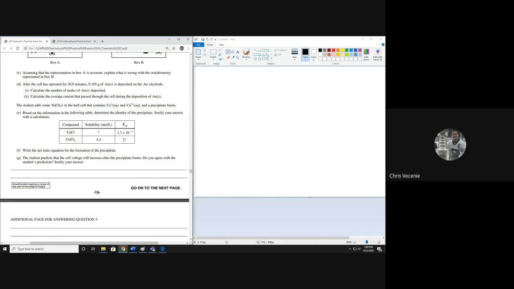Now, if we had both substances' KSPs, you could compare them, but there's only a special circumstance where you can compare KSPs to see who is going to precipitate. Anybody remember when that is? It's kind of a tricky one. When are we allowed to compare just KSPs if we have them?